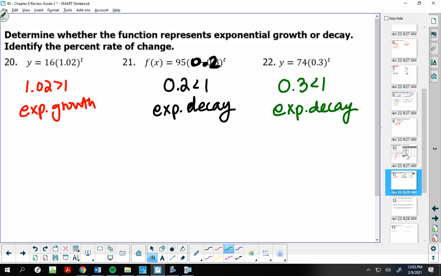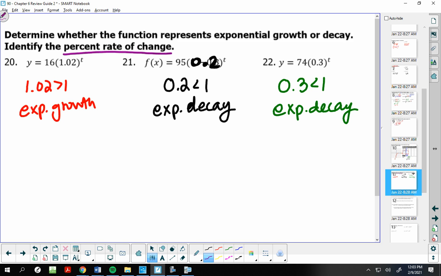You are multiplying your y values by something smaller than 1, right? So you're taking a third of that number, which is going to go down. It's going to decay. Now, when we talk about the percent rate of change, it is not the parentheses, okay? For that deer question, a lot of you said it was 140%.